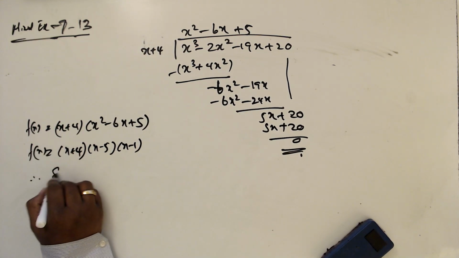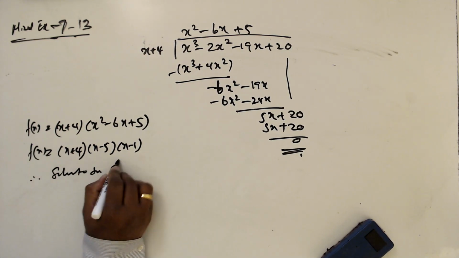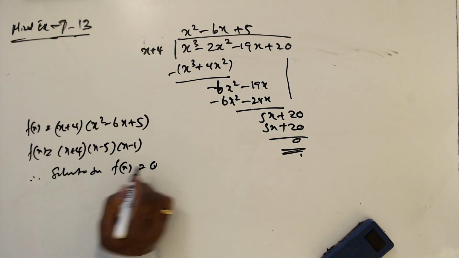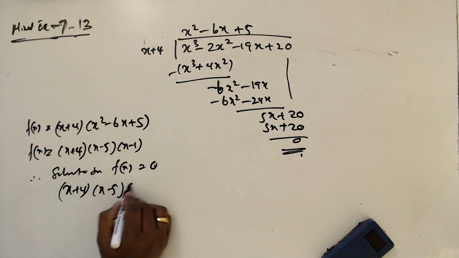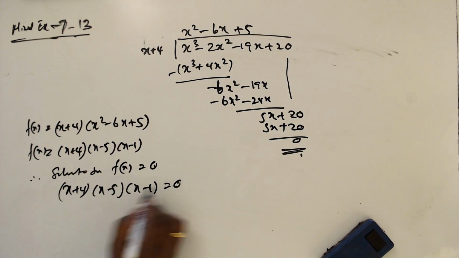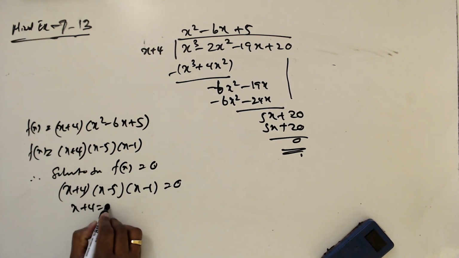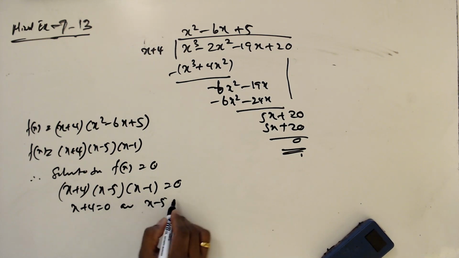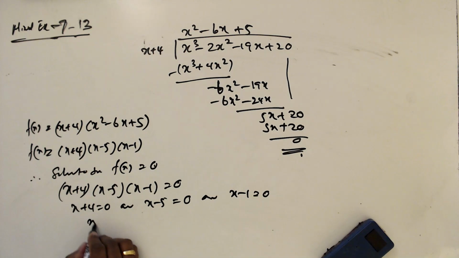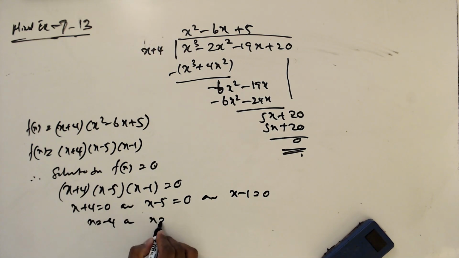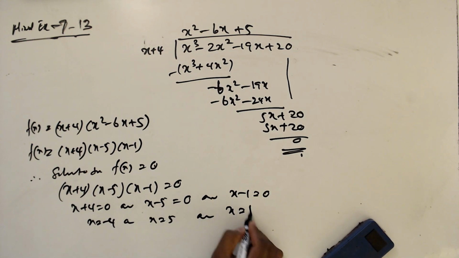Hence the solution for f(x) equals 0: x plus 4, x minus 5, x minus 1 equals 0. x plus 4 equals 0, x minus 5 equals 0, x minus 1 equals 0. x equal minus 4, x equal 5, or x equal 1.